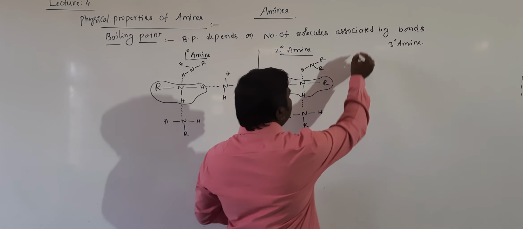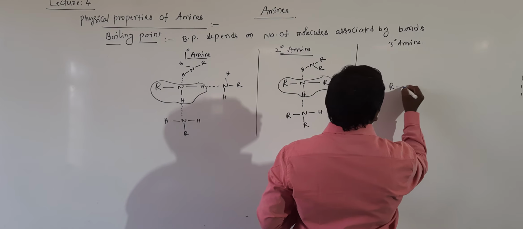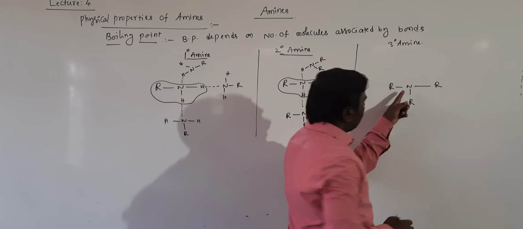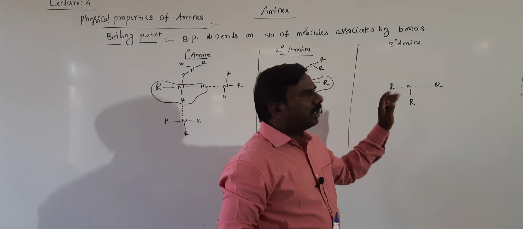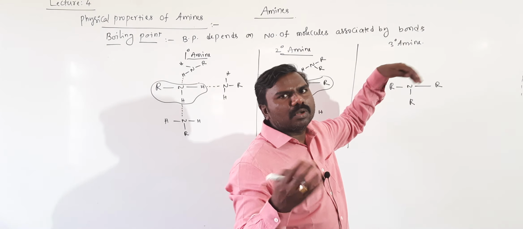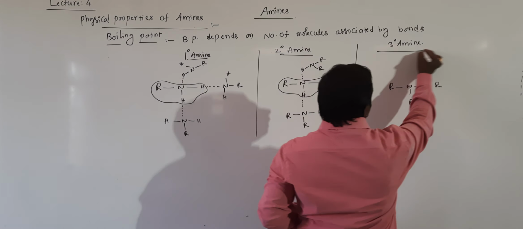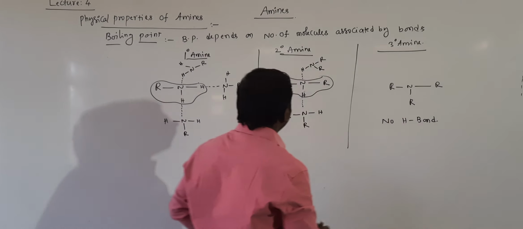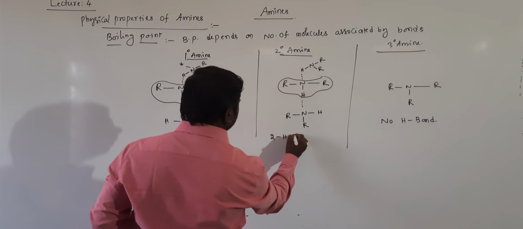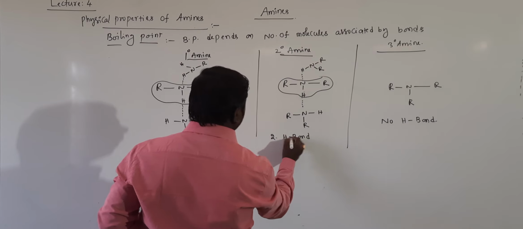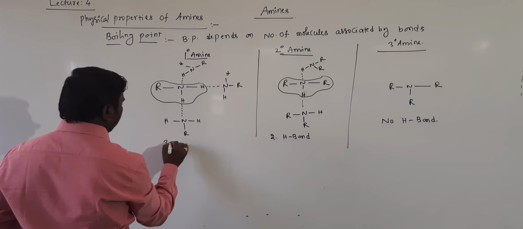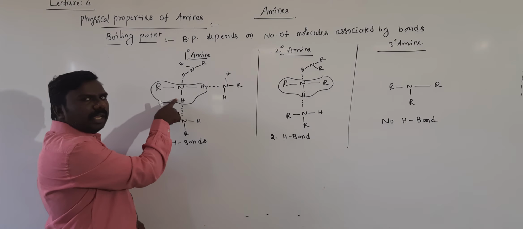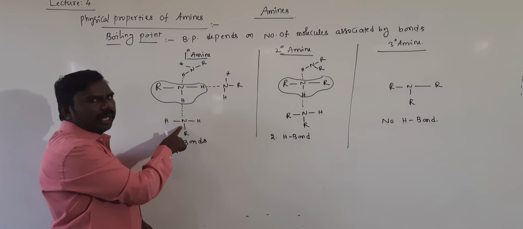If you observe this R3N, is there any hydrogen in this? No hydrogen. The same with any other tertiary amine: no hydrogen. It means here no hydrogen bond is possible. Here 2 hydrogen bonds are possible. Here how many hydrogen bonds? 3 hydrogen bonds possible. Getting? Hydrogen bonding is between the electropositive hydrogen and the electronegative nitrogen.